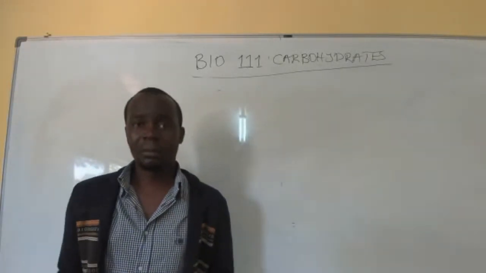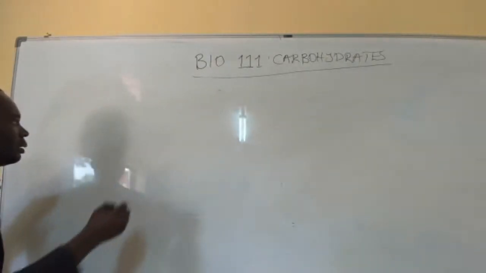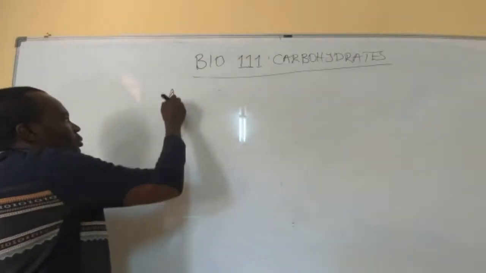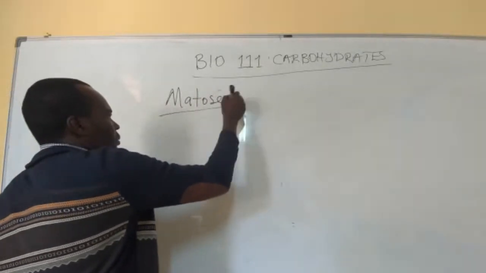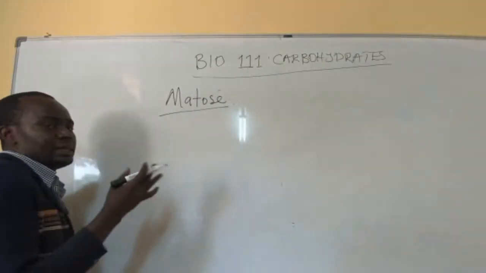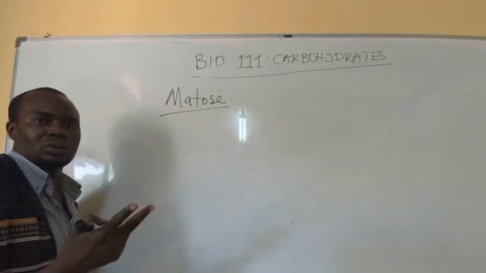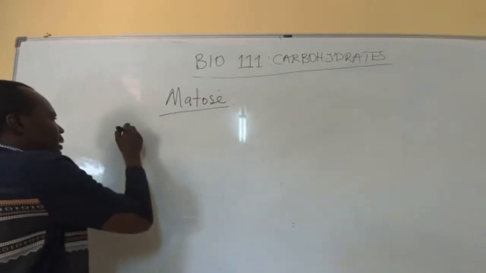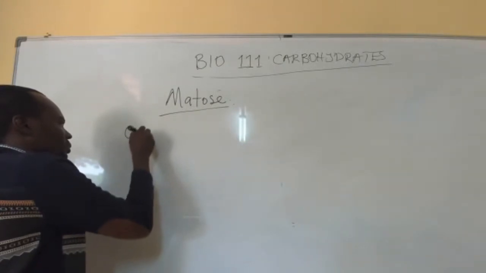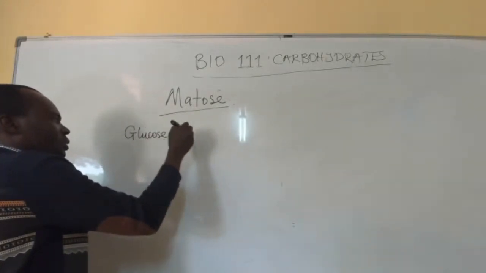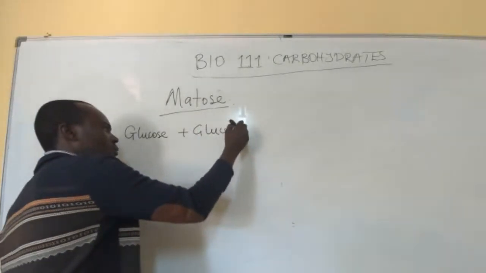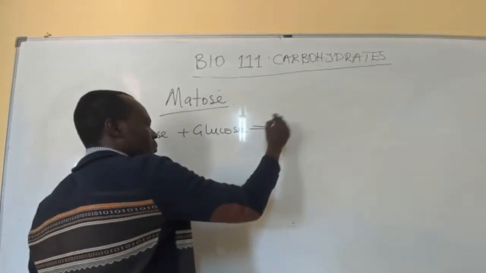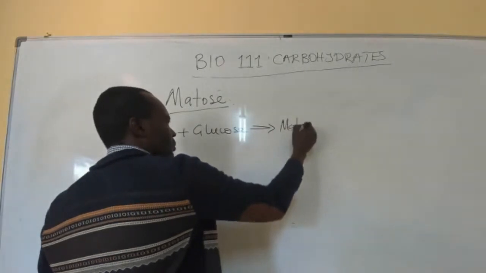So a good example is during the formation of maltose. Now you all know that maltose is a disaccharide, meaning it has got two monosaccharides. It is a disaccharide of glucose joining together with glucose to form maltose.